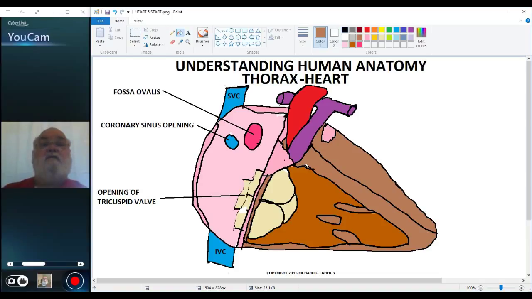And then running to each of those papillary muscles are cords. Like so.